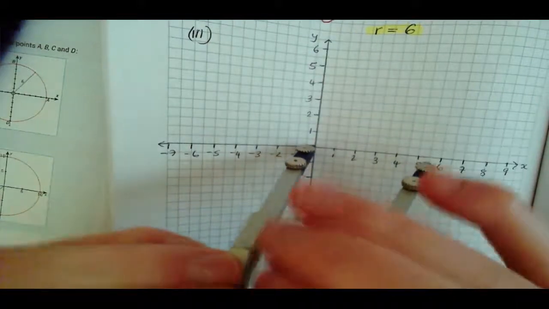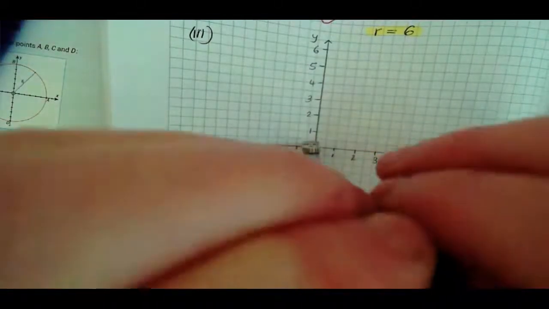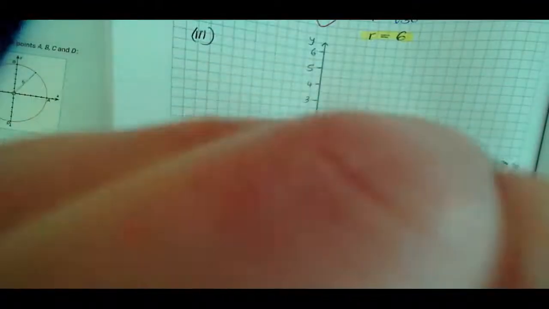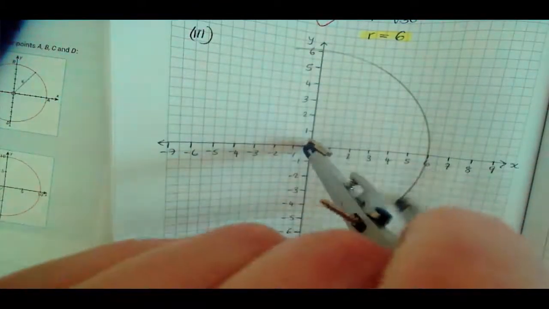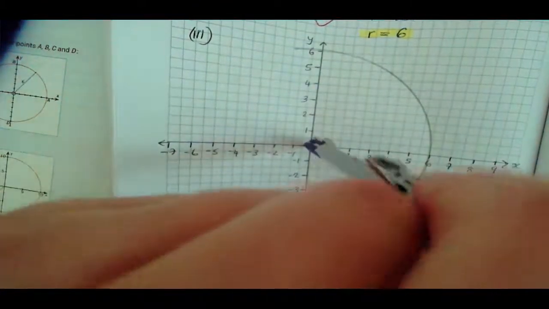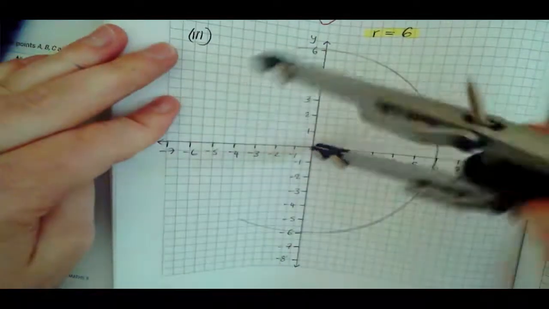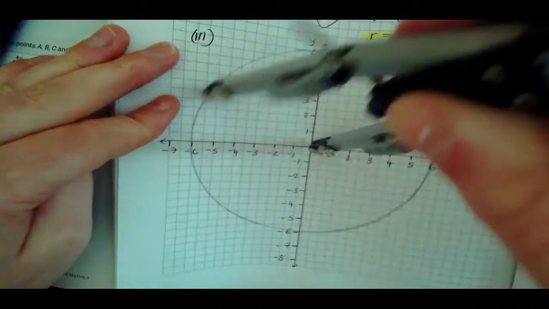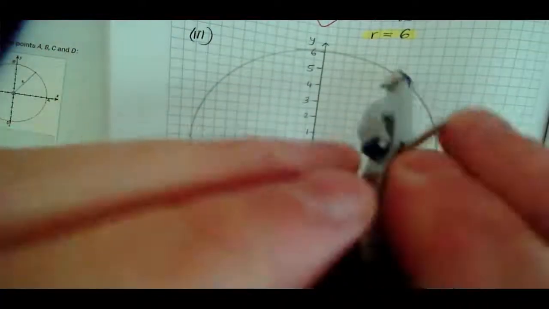So if we use our compass to go out 6 units and draw a circle all the way around, we need to hold our compass so it doesn't move in or move out. So it stays the same radius all the way around. Okay. So there's our circle there.